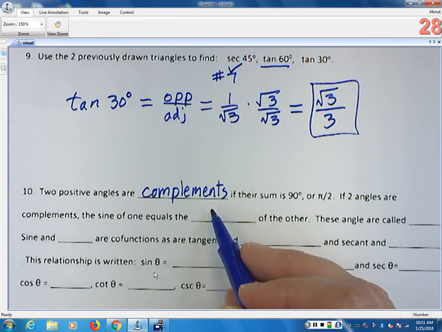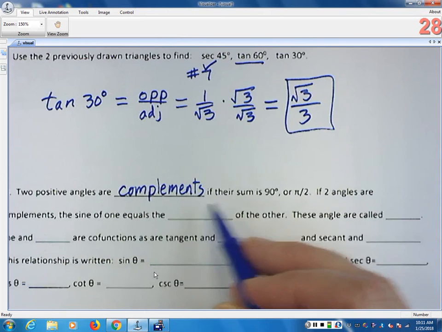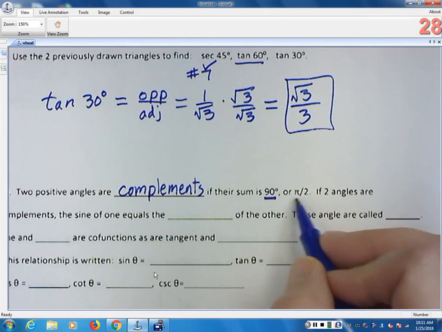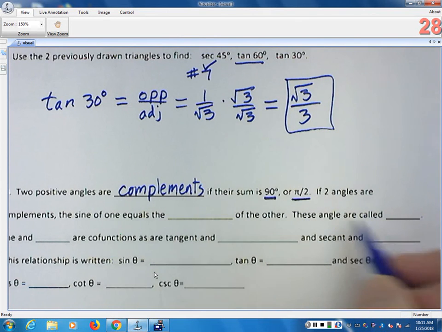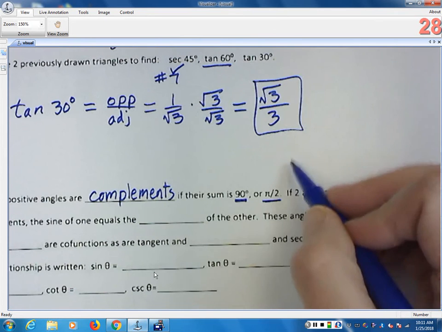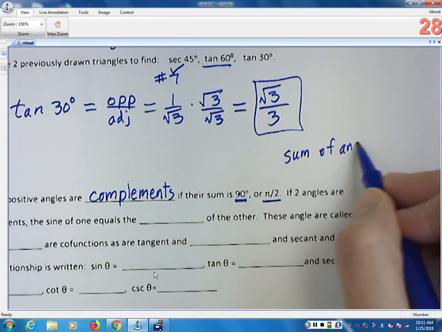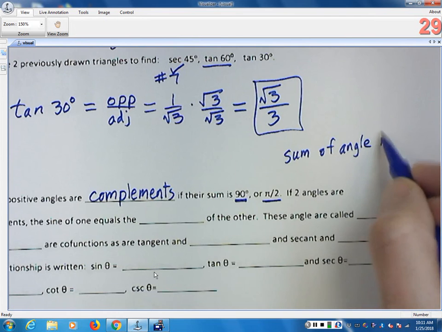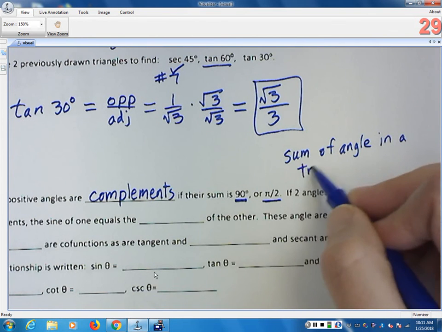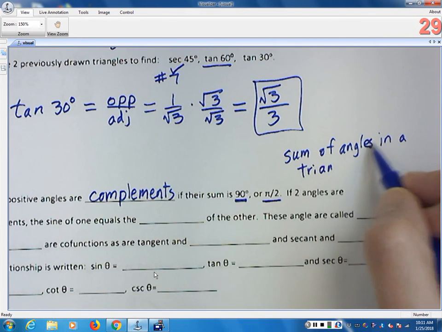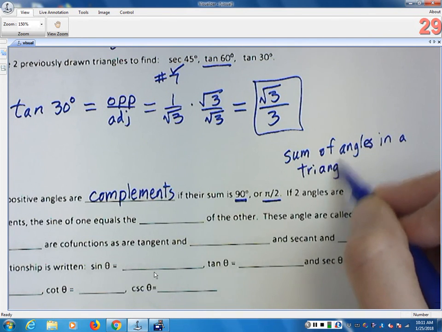Two positive angles are complements if their sum is 90 degrees, or pi over 2. And remember that the sum of the angles in a triangle, this is in the preliminary material, equals what? 180 degrees. Right.